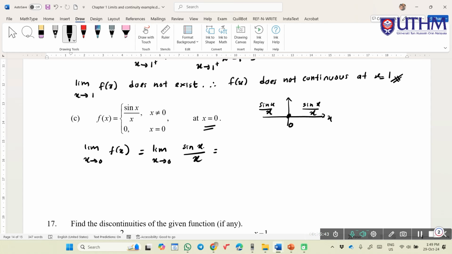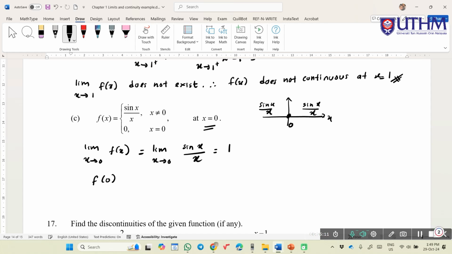There is the basic form: the limit as x approaches 0 of sin x over x is equal to 1. So the limit is 1. Then the second step, since the limit exists, we need to find f at x equal 0.